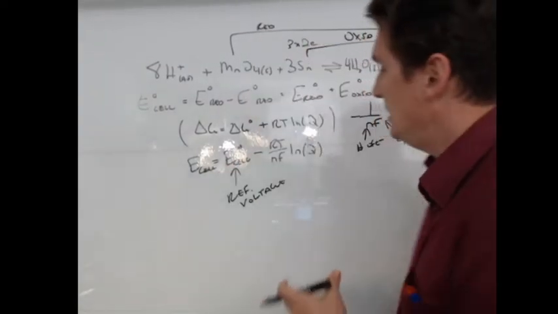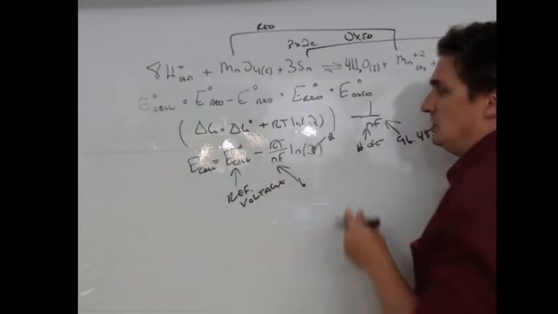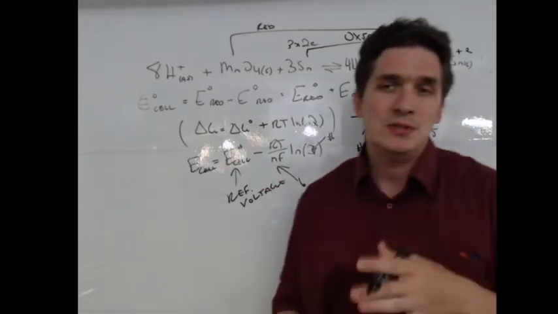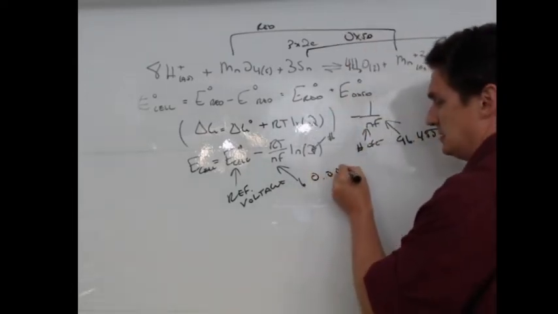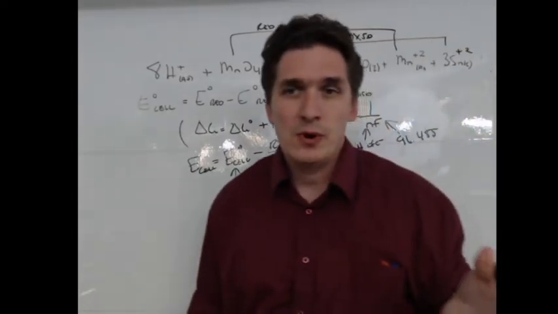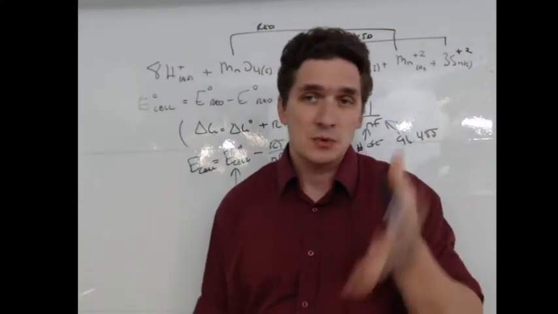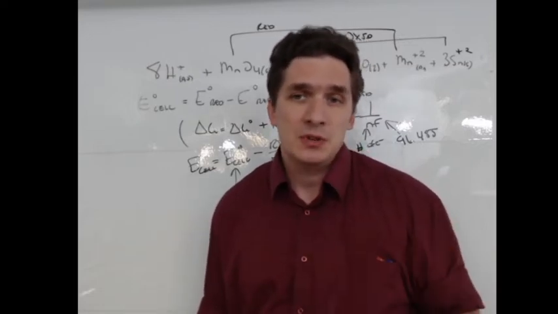So you're going to plug in the number of electrons, which is 6. Whatever number you got for Q, R here is 0.008314 kilojoules per mole. It's your ideal gas constant. Faraday's constant is 96.485. If you go look at the packets, it's on there as well as the value for R. T is temperature in Kelvin because you are working with thermodynamic values.